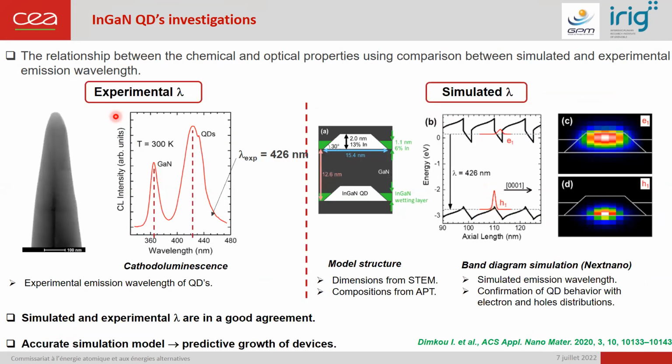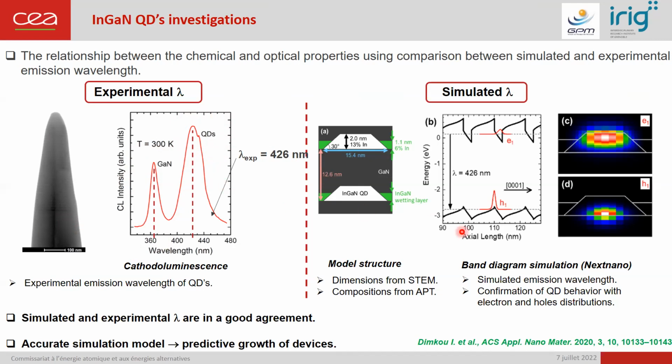Now, we have measured the emission wavelengths using cathodoluminescence spectroscopy on a tip-shaped sample, obviously including the structure that has to be analyzed. And we observe two emission ranges. The lowest one is attributed to the gallium nitride buffer, and the highest one is attributed to the quantum dot nanostructures.